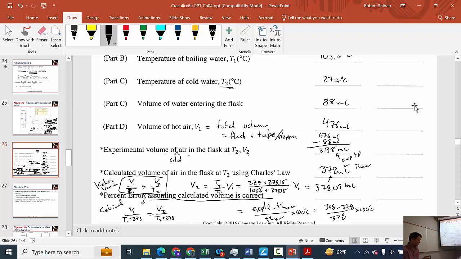And so I'll take 398 minus 378, which gives us 20, divided by 378 times 100. And so we end up with 5.29%. And so this is 2 sig figs, so percent, which will round to 5.3%.